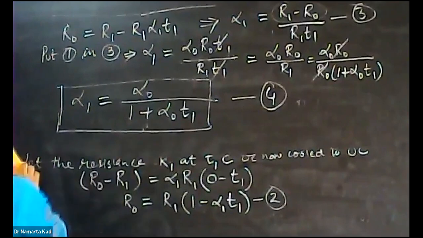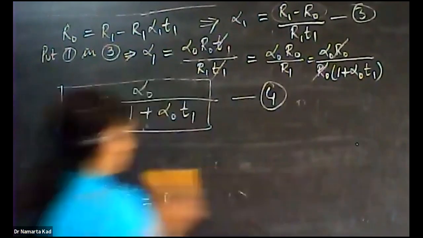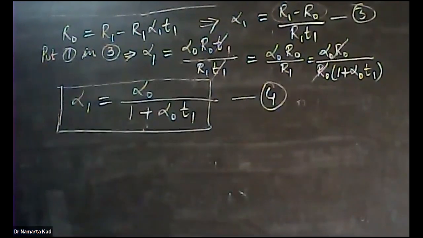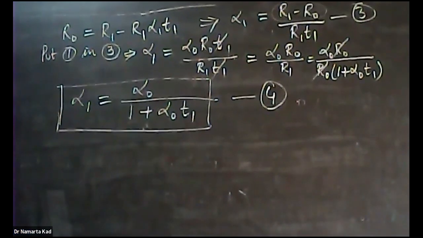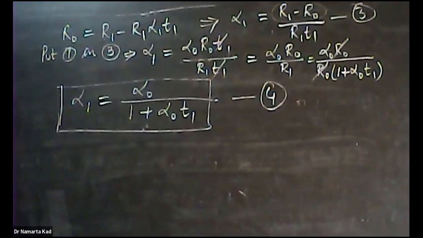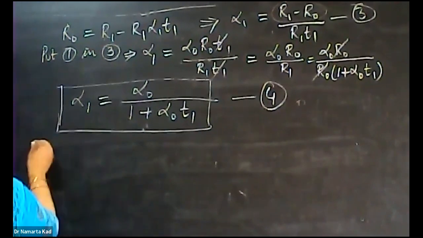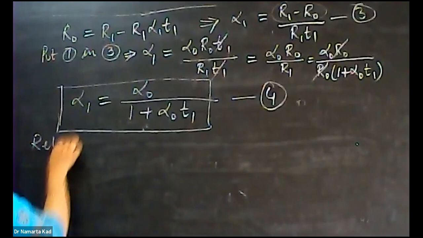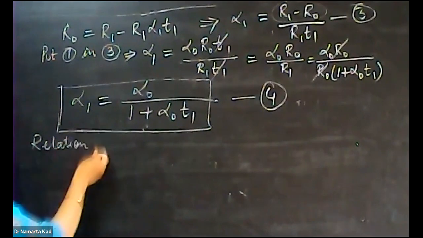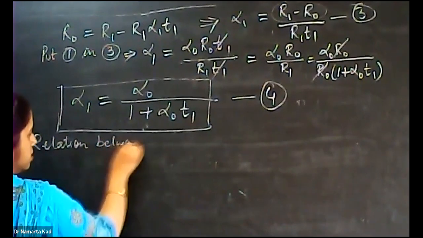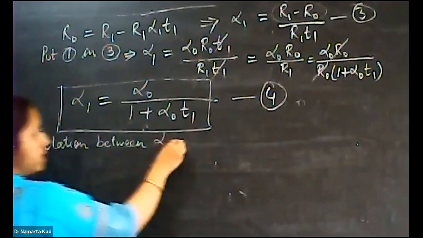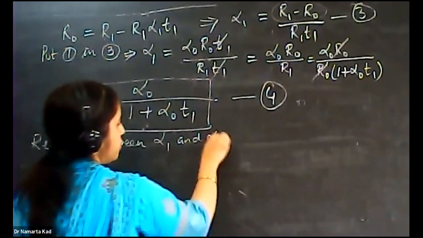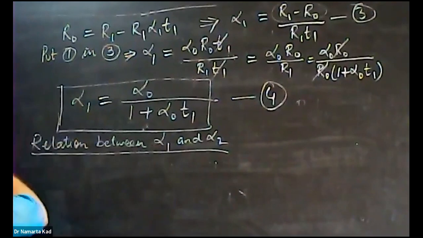Okay, for the next derivation, that is the relation between alpha 1 and alpha 2. This is our second derivation.